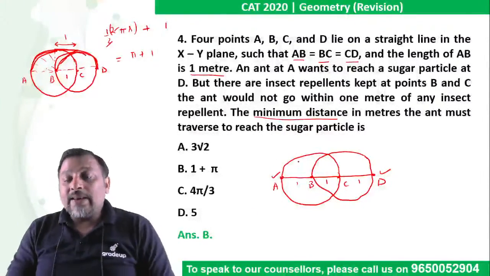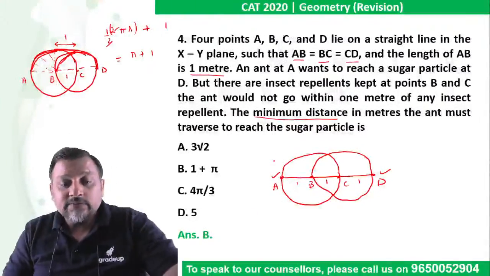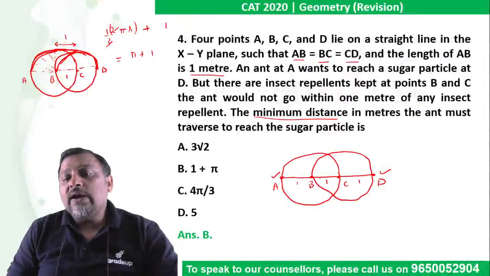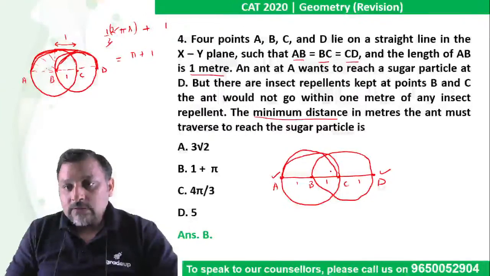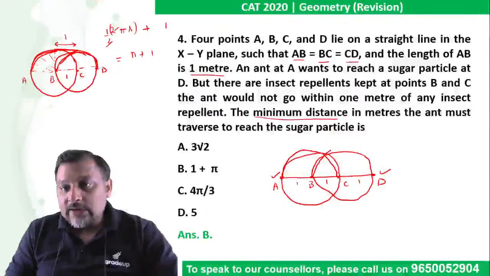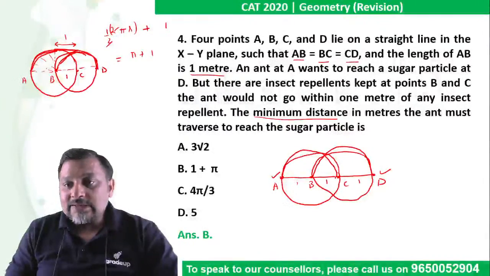So I need to find this minimum distance. So what we are doing is we are drawing a circle with center at B of unit radius. So this is the circle that you will get. Similarly, another circle with C as the center.